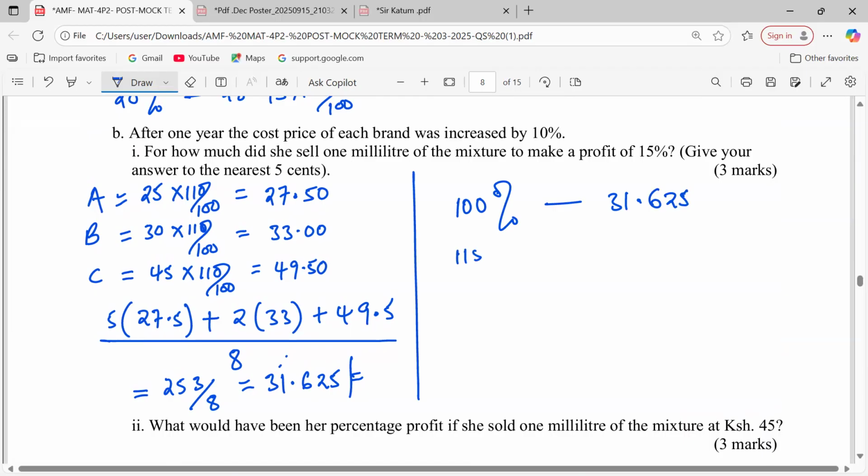What about 115%, such that we have the price inclusive of the profit made to give us the selling price, instead of calculating the profit independently to add it later? We can compute directly to go to the selling price. So this should be multiplied by 115 over 100, giving us 36.37.